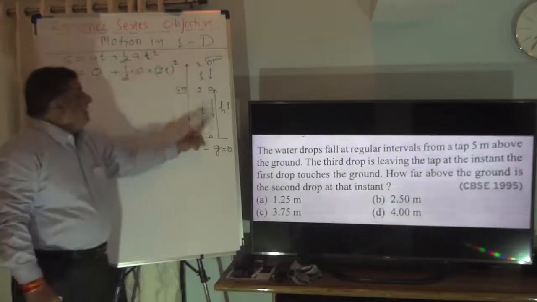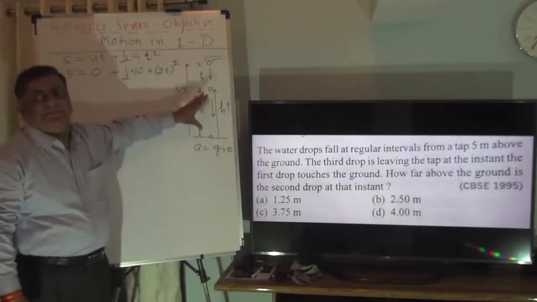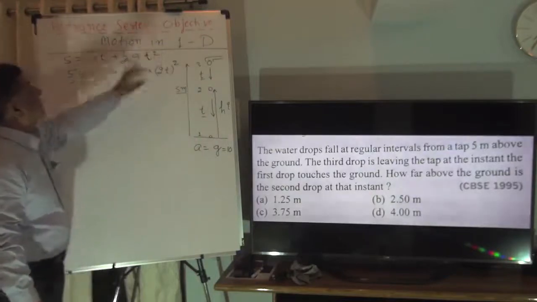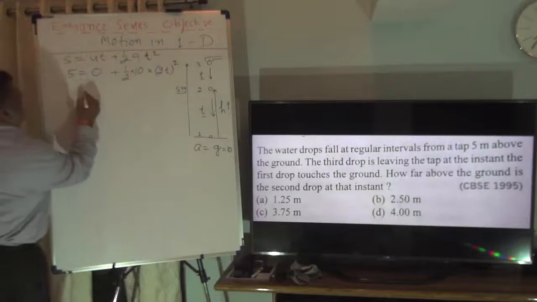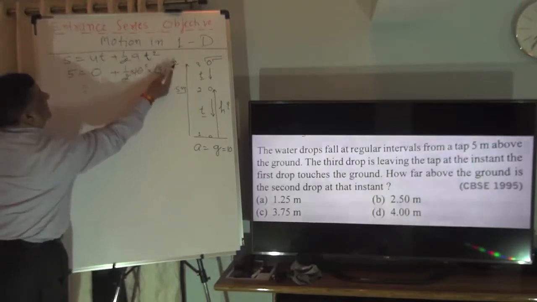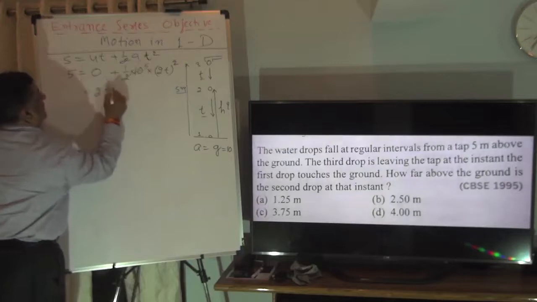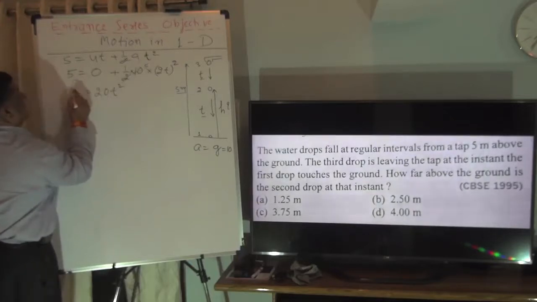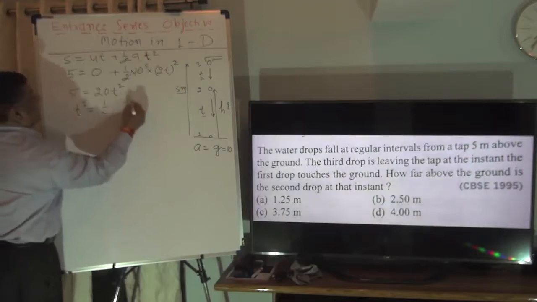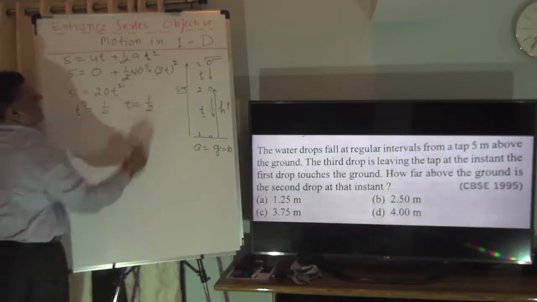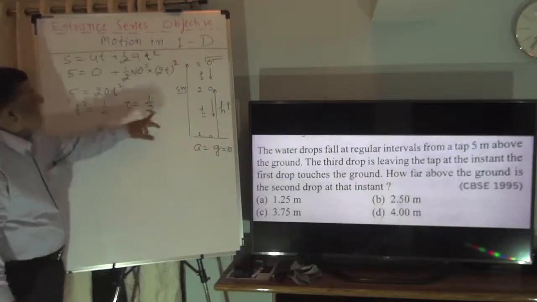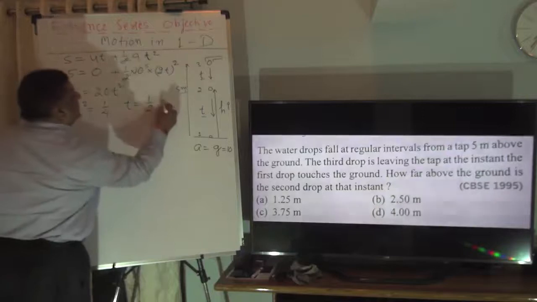If we had taken this as 1t, it would have been half t. We took the whole as 2t. So this is 2 times 5 is 10, 4t square and 20. t square is equal to 5 over 20, so t square is equal to 1 upon 4. So t is equal to plus minus half, we reject the minus part and get time equal to half second.